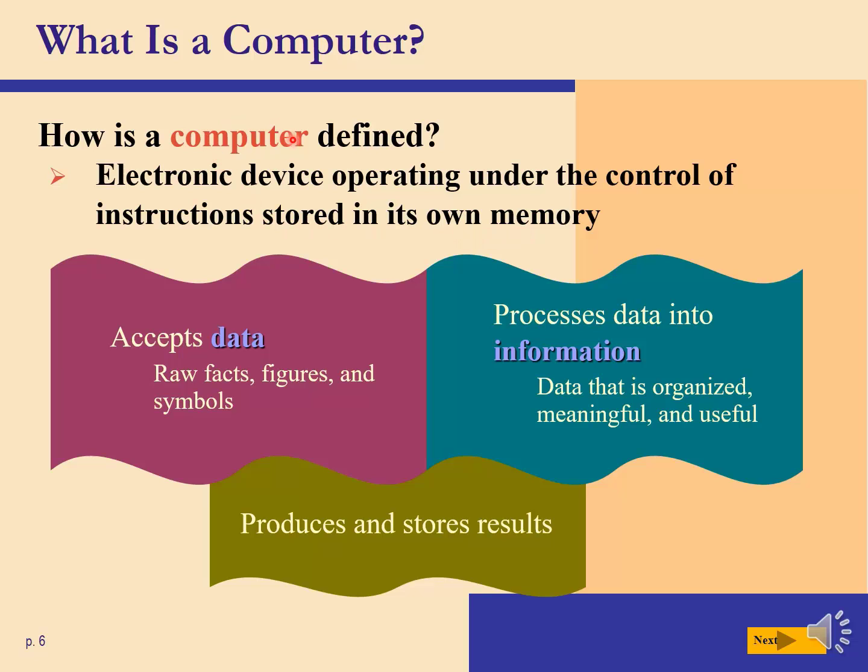This is one definition of a computer. A computer accepts data, raw facts, figures, and symbols, and processes this data into information. So the data will be organized, meaningful, and useful. The outputs of this processing are produced and stored in a device.